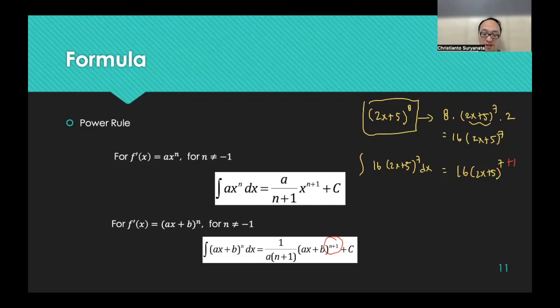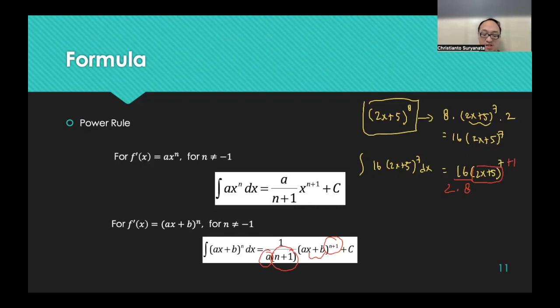And then divide it by the new power. So I divide by the new power. The new power is 8, 7 plus 1. And also divide by the derivative of the inner function. So I divide by the derivative of this function, which is 2.